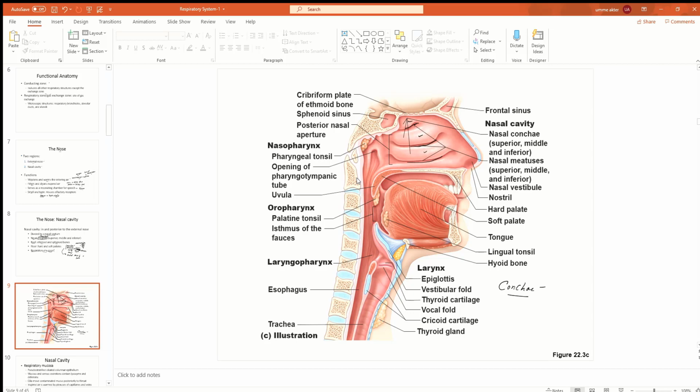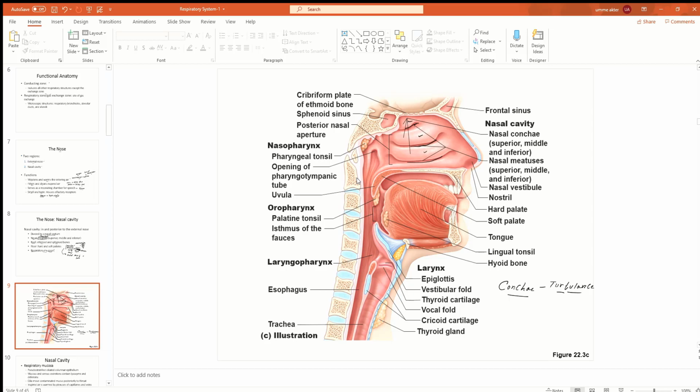The concha helps to create air turbulence in the air. Okay, so the air will touch the wall and will get warm and moist. Also, the dust will get attached to the surface better. So that is the function of the concha.